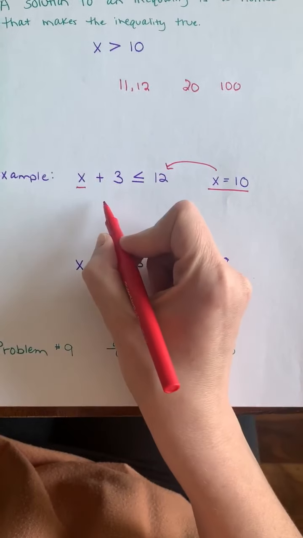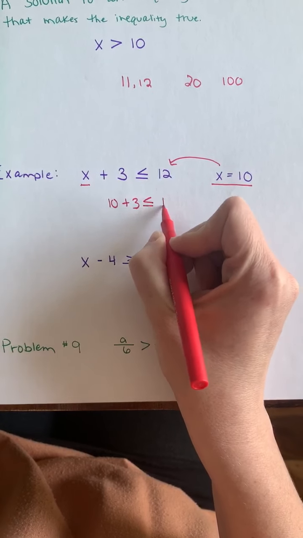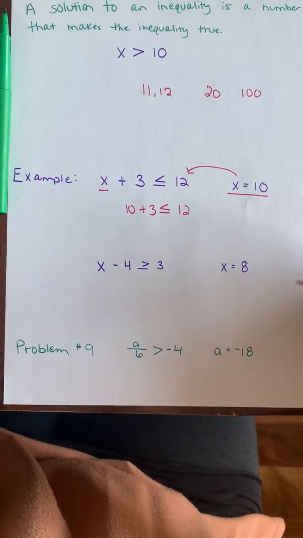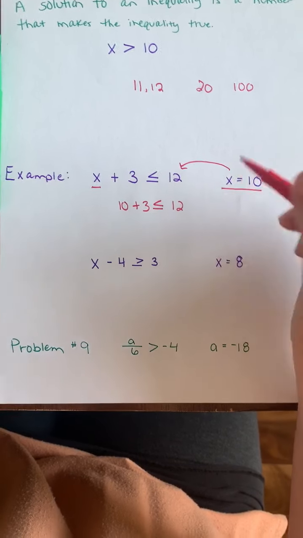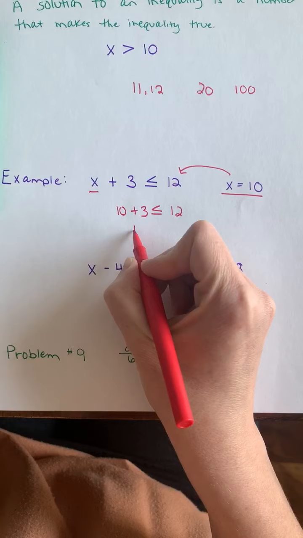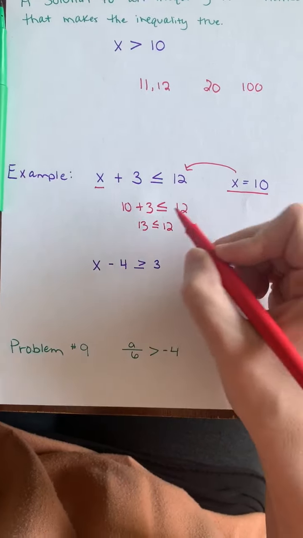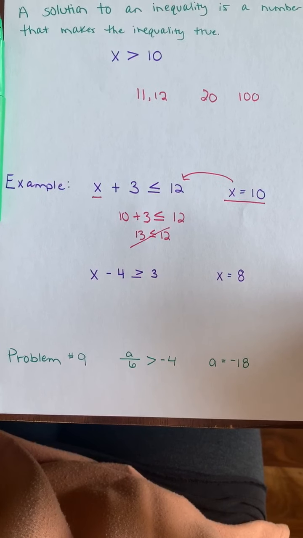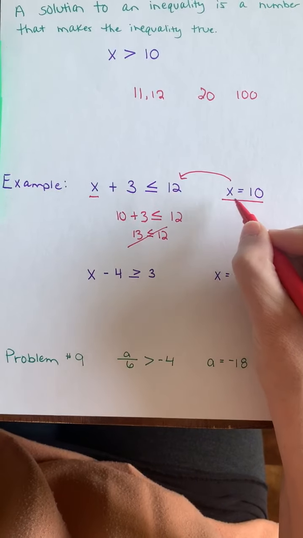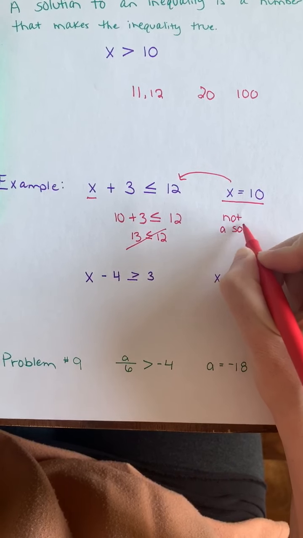So I would rewrite this one, 10 plus 3 is less than or equal to 12. If this is an actual solution for the inequality, then this statement would be true. 10 plus 3 gives me 13, less than or equal to 12. This is not a true statement. 13 is not less than or equal to 12. So x equals 10 is not a solution.